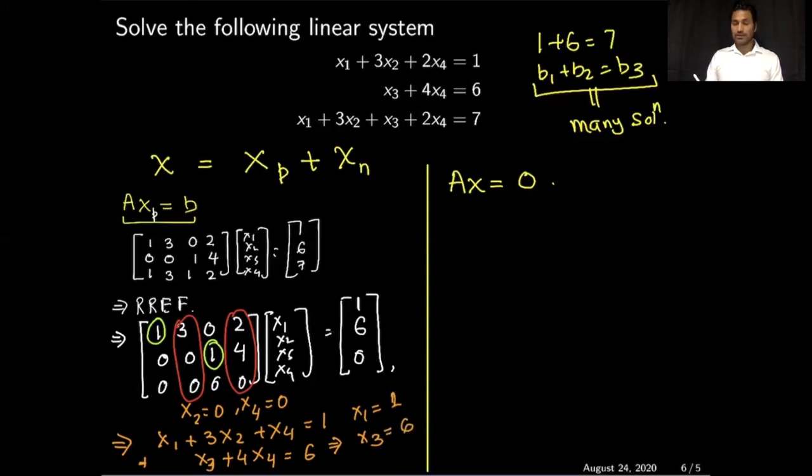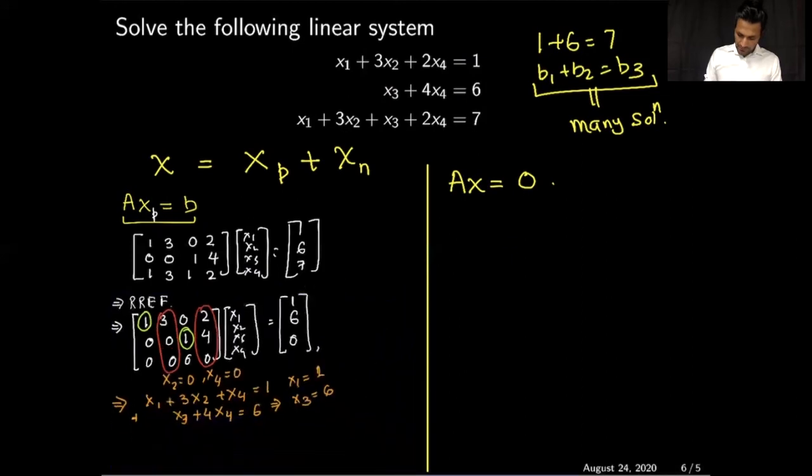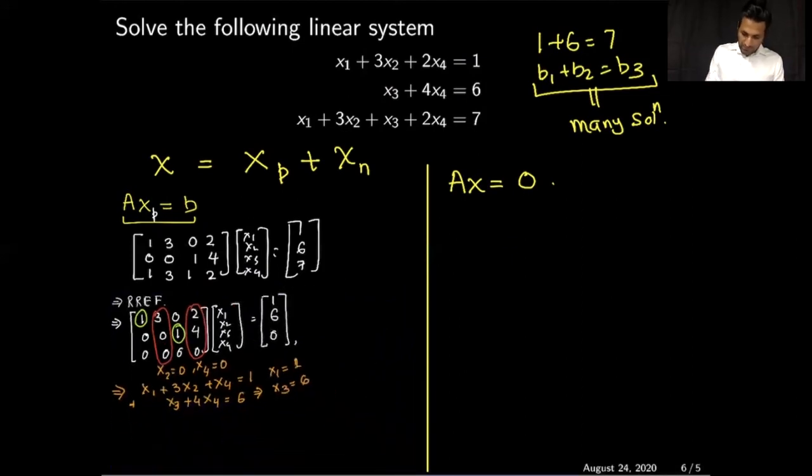Basically, this 1 and 6 give you x1 and x3. So my particular solution is xp: x1 is 1, x2 is 0, x3 is 6, and x4 is also 0.